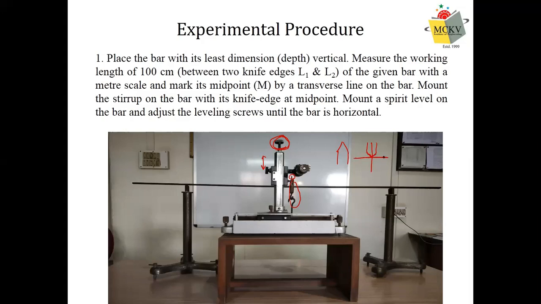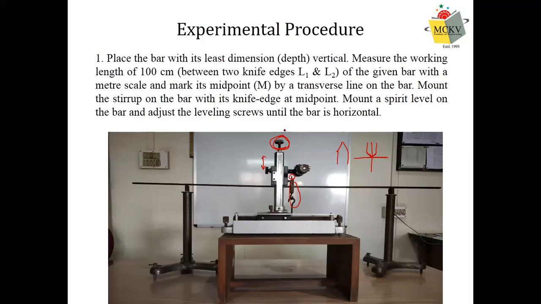If initially it was below or above the horizontal line, then by adjusting the screw of the microscope, we'll make sure that the tip is just touching the horizontal line. That's all. Then we take the main scale value, vernier value, and get the total.